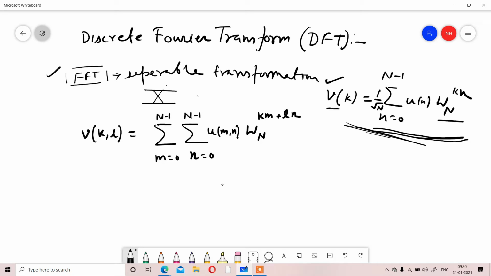And to normalize that W expression, normalize meaning to make it unitary, in this case you have to multiply by 1 by n.